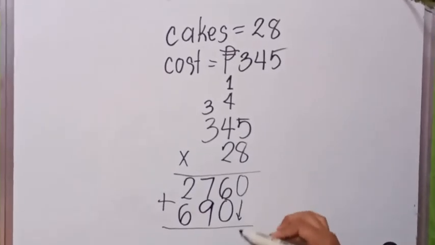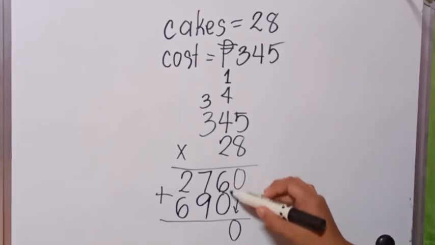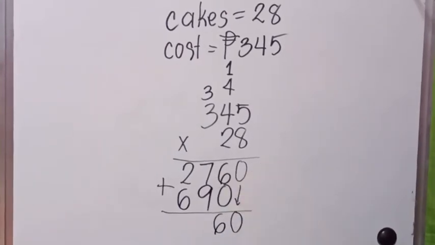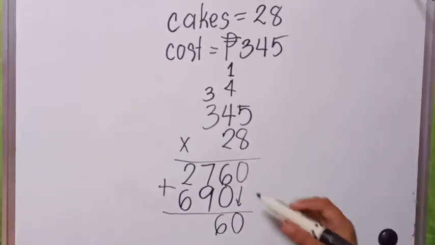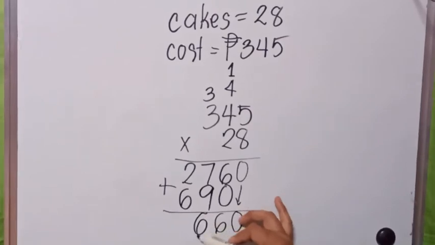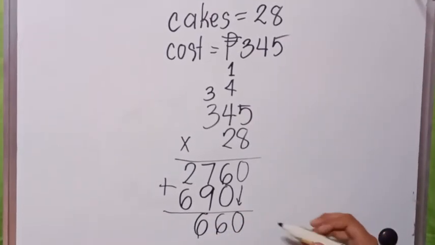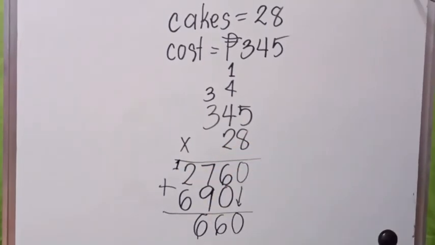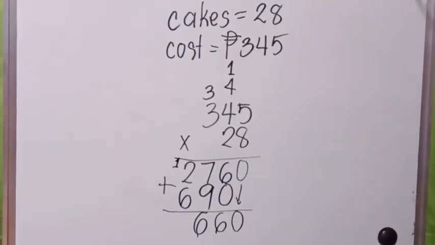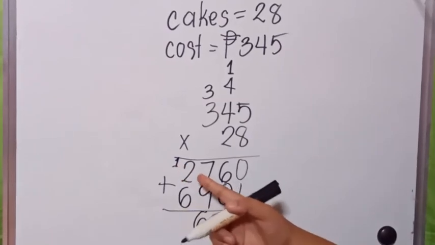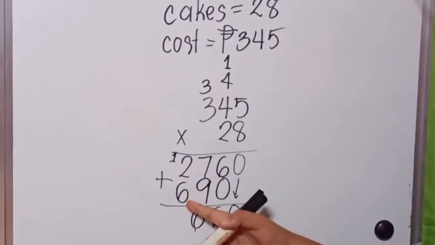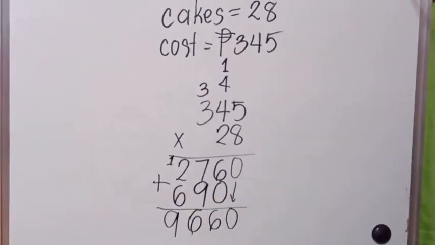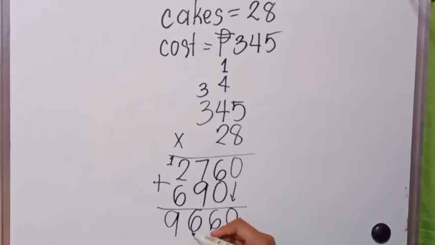So bring down or copy 0. 6 plus 0, that is 6. 6 plus 7, we got 16. Because 16 is a 2-digit number, we need to carry at the top, okay, of your next digit. Okay, so 1 plus 2, that is 3, plus 6, it's 9. Okay, make it again a standard form, 1, 2, 3, comma.